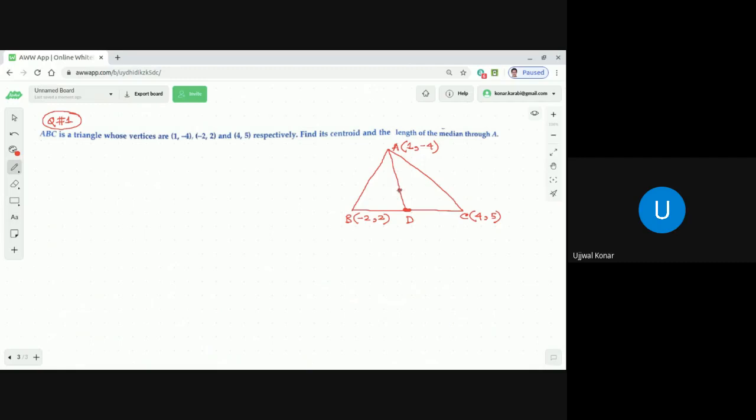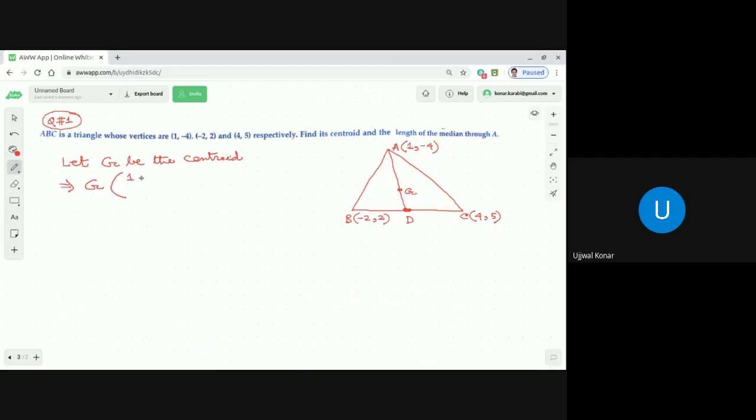And the first part of the question is that we need to find the coordinate of the centroid. Let G be the centroid. That implies G's coordinates should be x1 plus x2 plus x3 by 3.